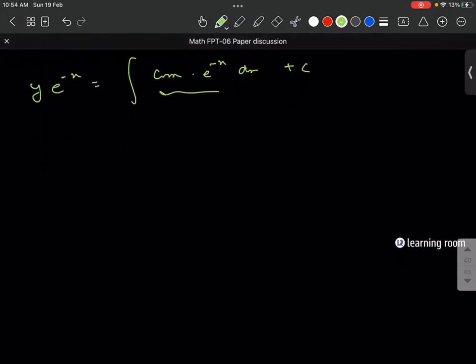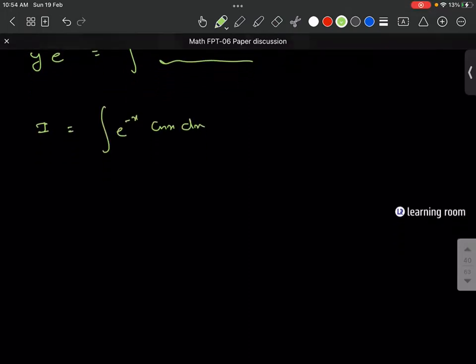Okay. Let's take this separately and solve. I is equal to integral of e power minus x cos x dx. So how will things come out? What is integral of e power minus x cos x?